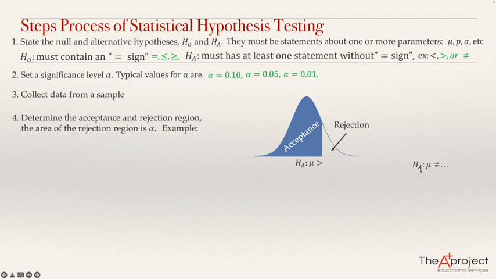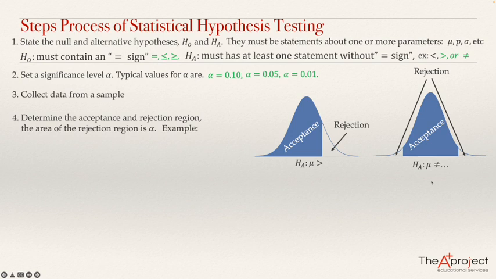If the alternative hypothesis says not equal, it is because the parameter is lower than a special value or greater than a special value. So the rejection region will be divided in two parts. When we are testing something like this, we call the test a two-tailed test. So the acceptance region will be in the middle and the rejection region will be separated in two regions.